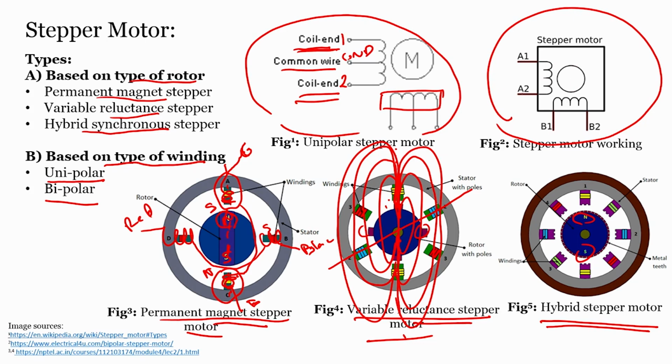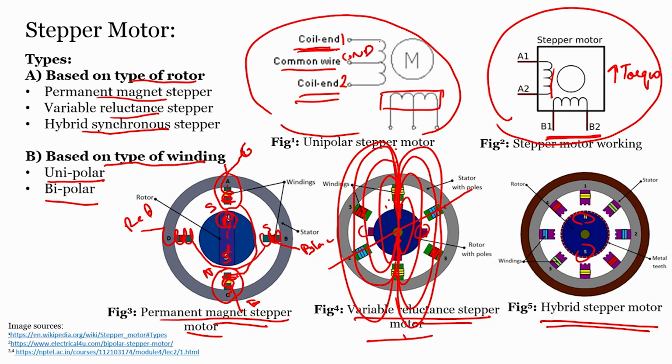The main advantage of the bipolar stepper motor is that it will have higher torque. It is because 2 independent coils are there, and the current flows through the entire length of the coil, and the magnetic field will be stronger.